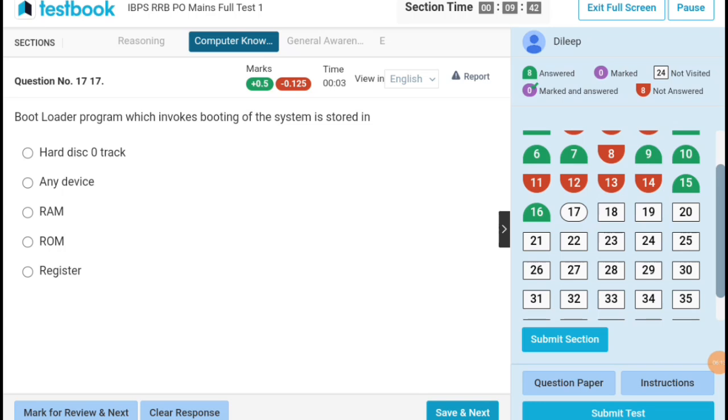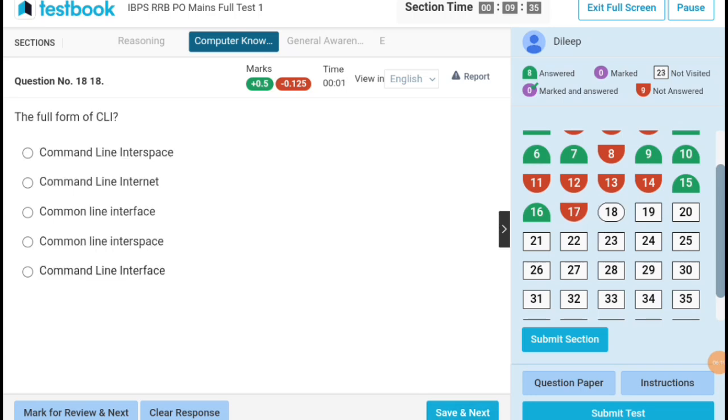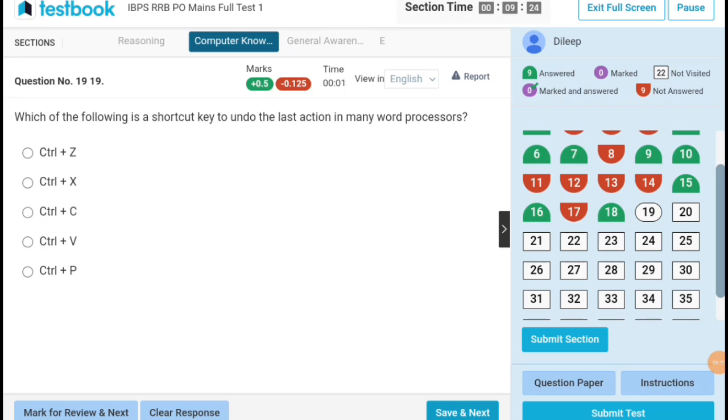Boot loader program, which invokes booting of the system, stored in CLI, command line interface. Shortcut key. Undo the last action.